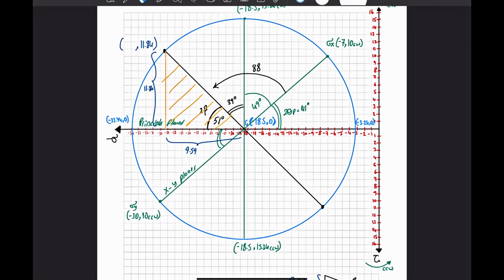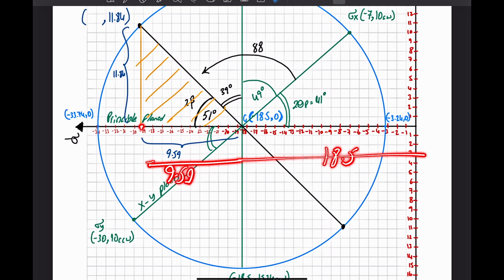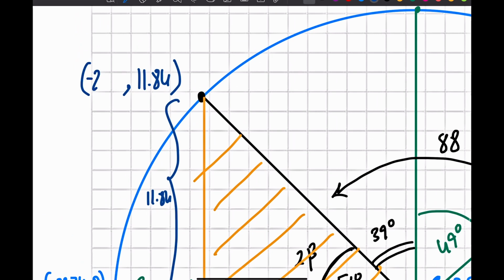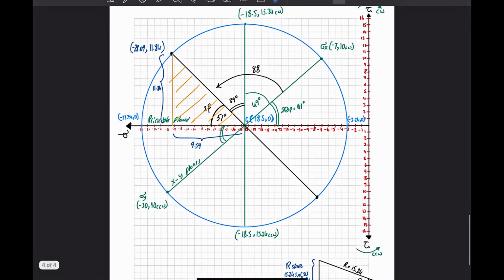Don't do that, because this is only the horizontal dimension. To get this coordinate, I need to add 9.59 to the center of the circle, which is 18.5 plus 9.59. Now I am at that point and I can put it here, which is negative 28.09. Okay, I found that point.